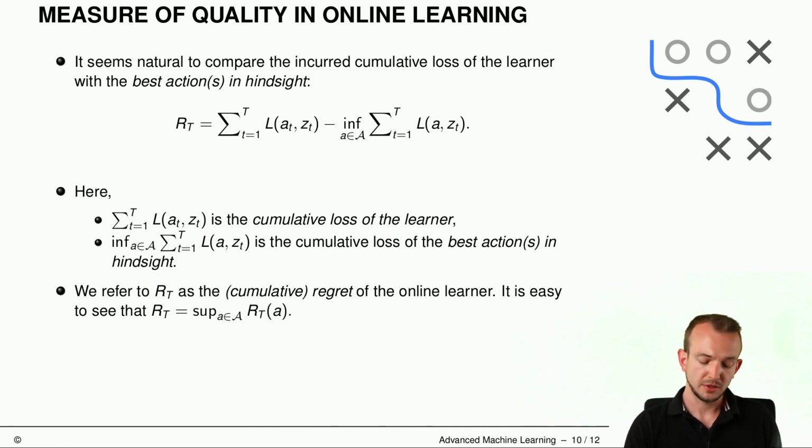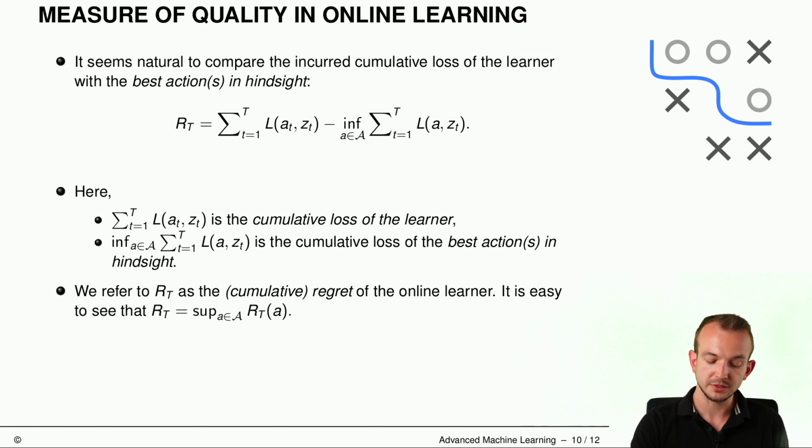So why is it a meaningful name? Because we can also look at it for every time instance separately, and what we are essentially measuring then is the difference between the taken action and the best action, and this difference can be interpreted as a regret at that time step. So we regret that we did not choose this best action in hindsight, perhaps.